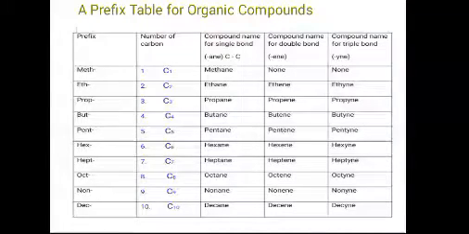If it's 4, for instance, you should be able to know that the name should start with but. Then the next thing you consider is the bonding between the carbons. Is it single bond? Is it double bond? Or is it triple bond? That will now help you in completing the name. If it's a single bond, you will call it butane. If it's a double bond, you call it butene. If it's a triple bond, you call it butyne.